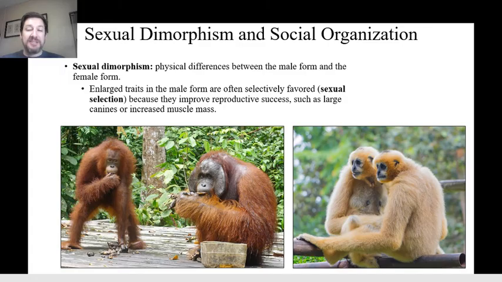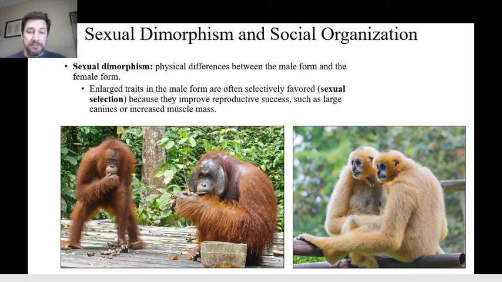That's a trait that has no function that we know of, but it appears. Or they might be for defense, right? So baboons, for instance, have very large canine fangs, which they don't use for eating meat. They use them for fighting and for threat displays. Anyway, whatever the reason is, they improve reproductive success.